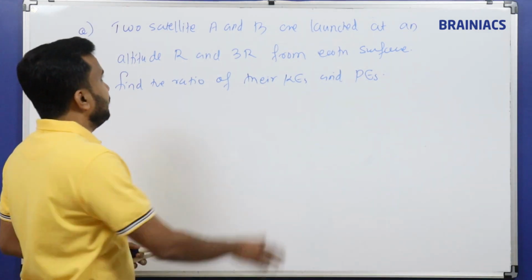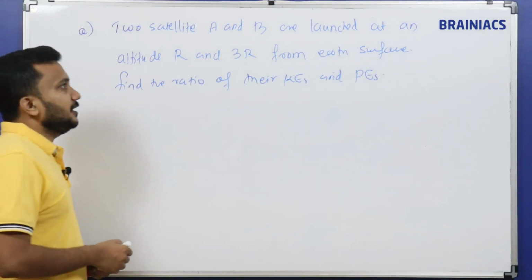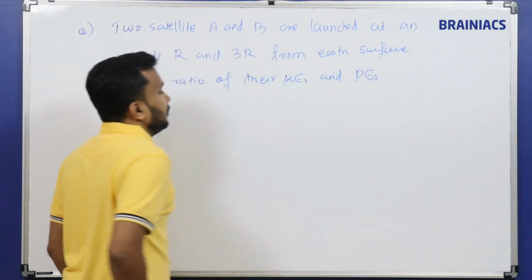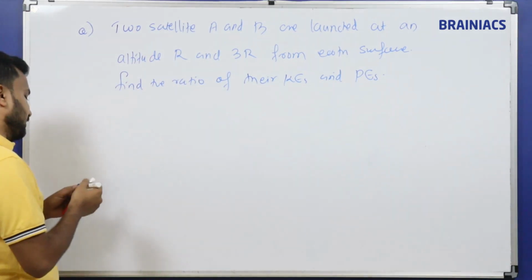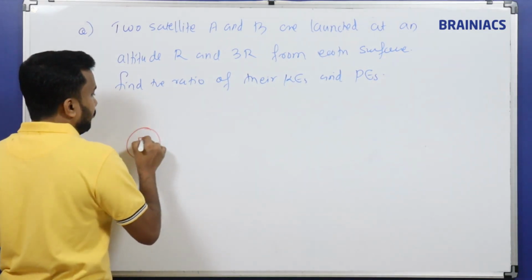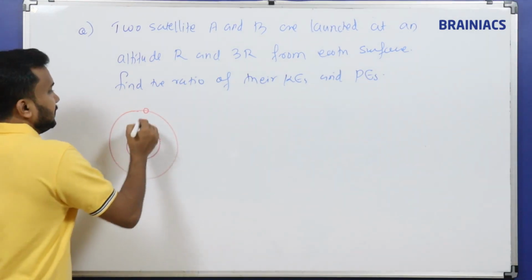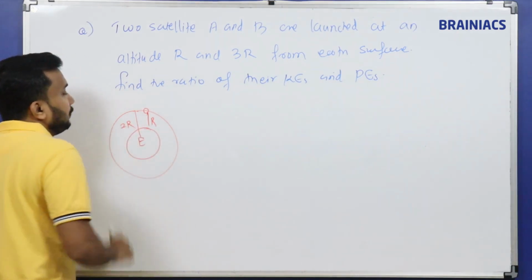Okay, so we have two satellites A and B launched at an altitude of r and 3r from the earth surface. Find the ratio of their kinetic energy and potential energy. First we will draw the two cases explicitly. First earth will be there, and over the earth we have the first satellite. The first satellite is at a height of r from the surface, but from the center it is at a distance of 2r.